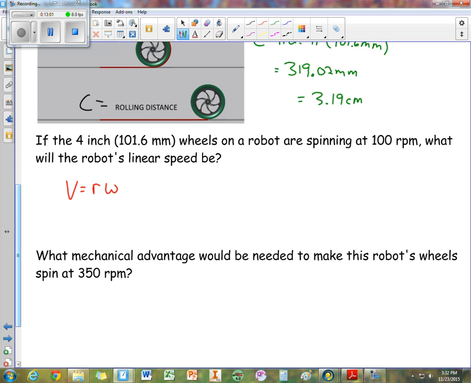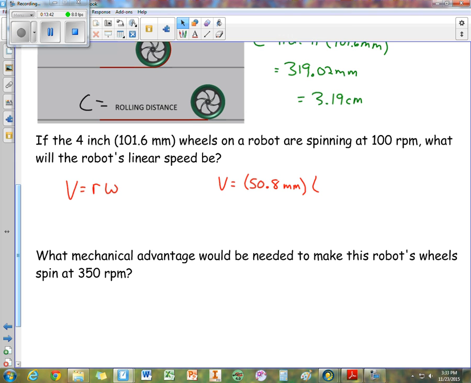So the radius of these wheels, if the diameter is 101 millimeters, if we cut that in half, it would be 50.8, I believe, millimeters. In fact, let me pull out my calculator and check that real quick here. Yep, 50.8 millimeters. So that's our radius.